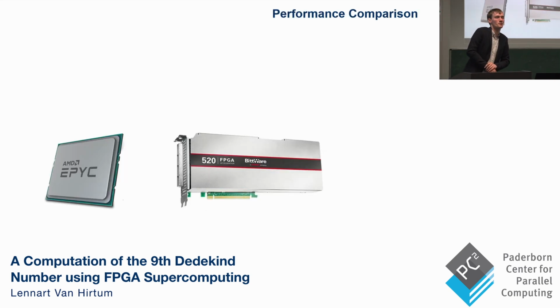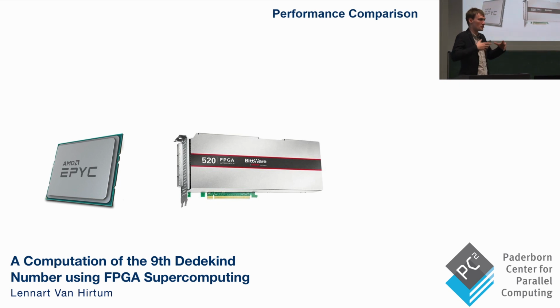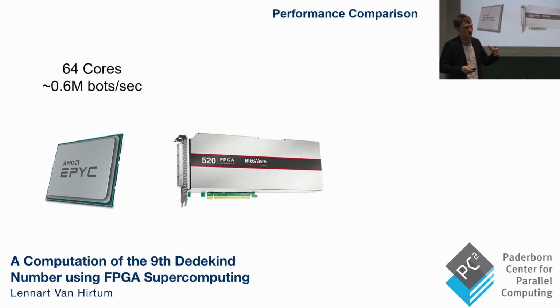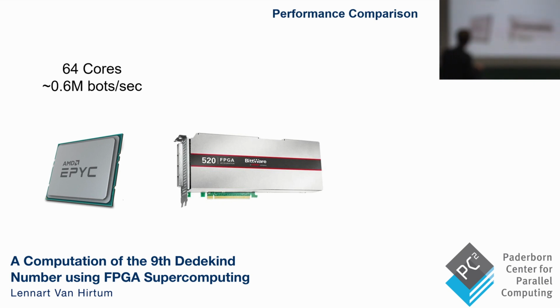Now let's do a performance comparison of this FPGA monstrosity versus what we have here at Noctua 2. So our servers here have 2 AMD EPYC CPUs, each of them 64 cores. If we parallelize over all 64 cores of one CPU, we get a crushing 0.6 million bottoms per second.